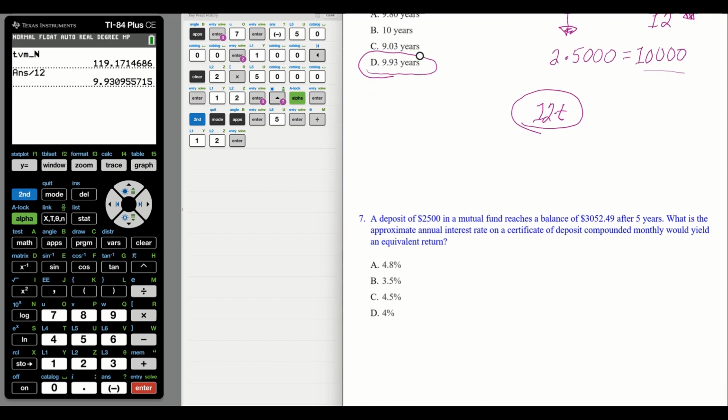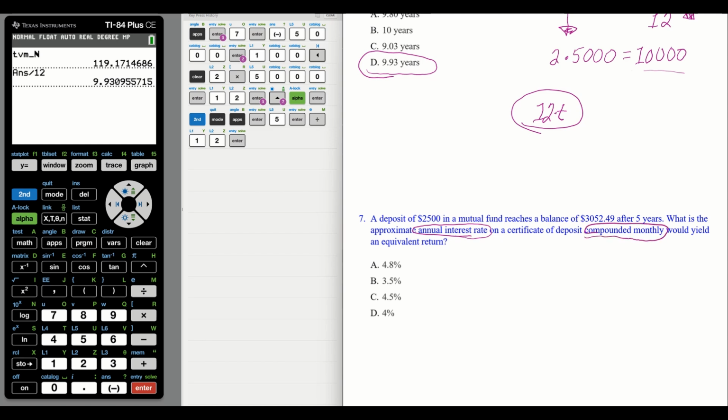Okay. So let's look at number 7. A deposit of $2,500 in a mutual fund reaches a balance of $3,052.49 after 5 years. What is the approximate annual interest rate? Oh, now we're looking for the interest on a certificate of deposit compounded monthly.